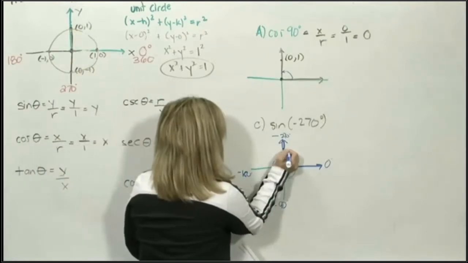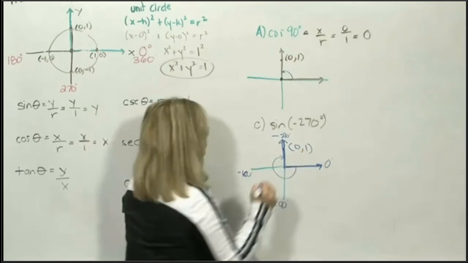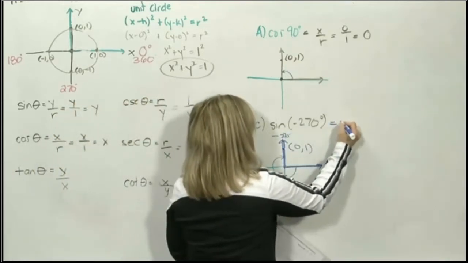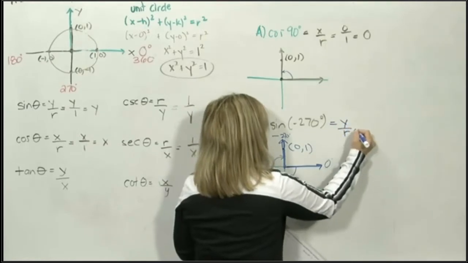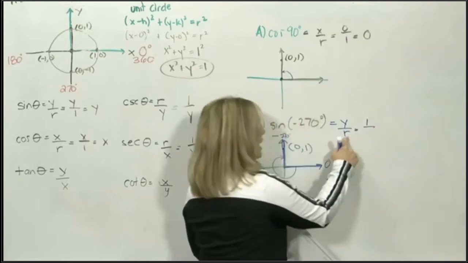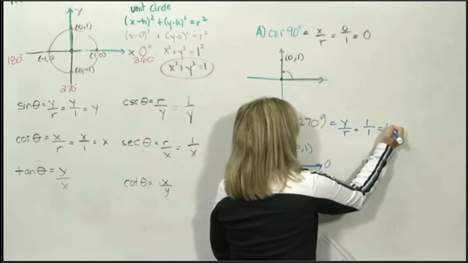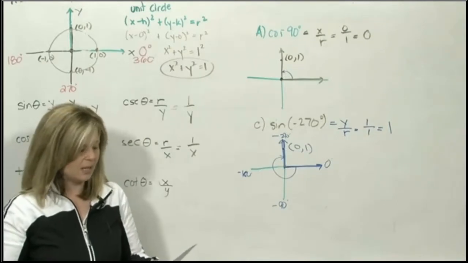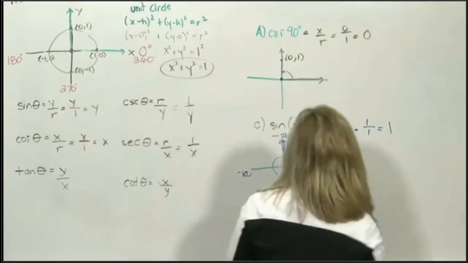I'm going to use the coordinate 0, 1. How do I use that coordinate? I do my definition. The definition of sine is y over r. Well, the y value here is 1. The radius of the unit circle is always 1. There's my sine value. So the sine of negative 270 is the value 1.